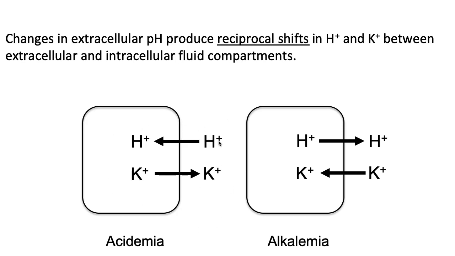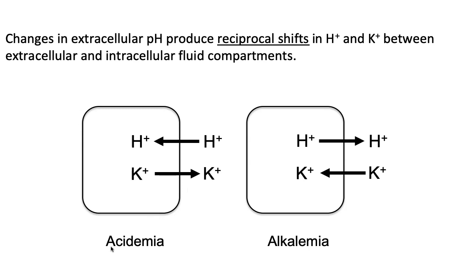If there are excess protons outside the cell, they can shift into the cell in exchange for potassium. So there's always this give and take of protons for potassium in order to keep things electroneutral. So if there's too much potassium outside of a cell, we can put it into a cell, but it's going to kick out a proton. All right. So the driving force could be potassium gradients, or it could be protons.